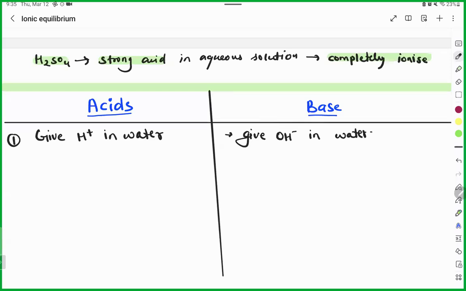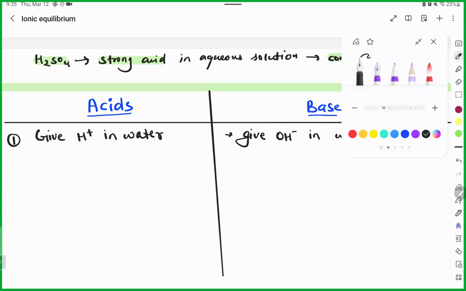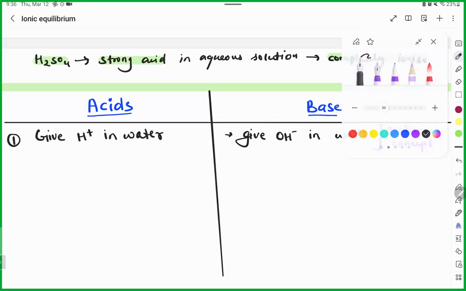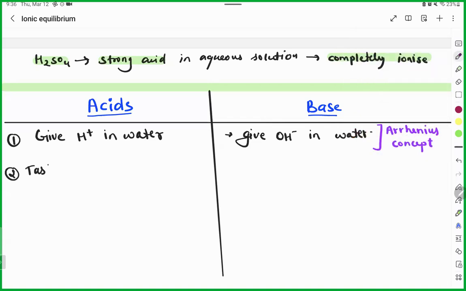This concept is known as the Arrhenius concept. Any chemical that releases H positive ion is an acid, and a chemical that releases OH negative ion is a base. That is the bare minimum we studied in the last class. Correct? Second is based on taste. Acids are sour in taste and bases are bitter in taste.